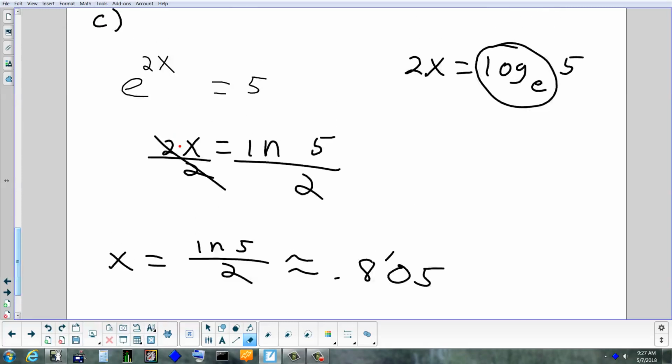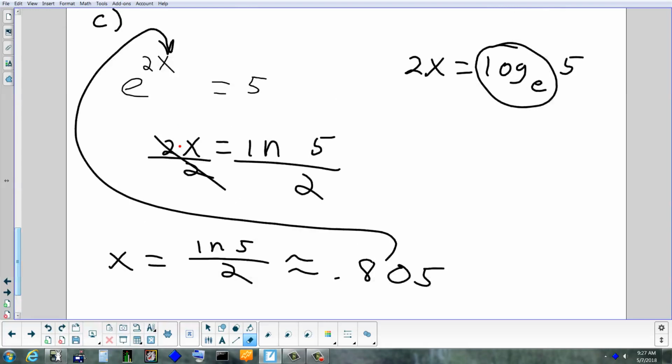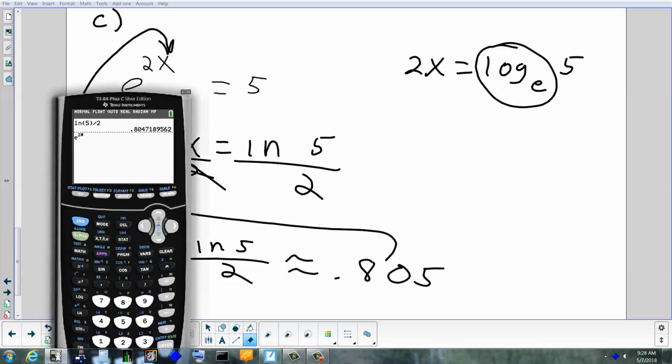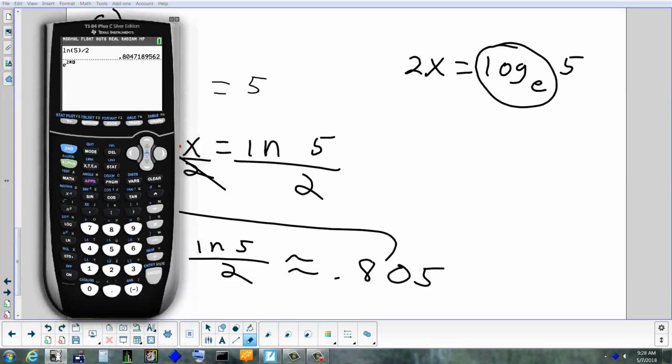Now what we could do is check it. Let's take e to the 2x and see if we get 5. But now I know x is 0.805. So let's take e raised to the 2 times and fill in x. 0.805. I got 5.00.